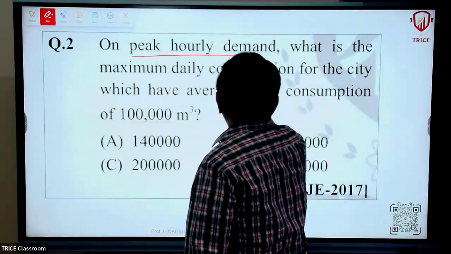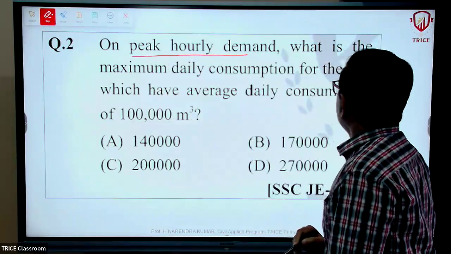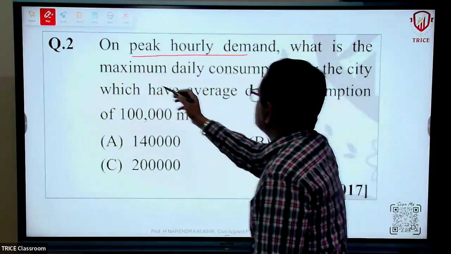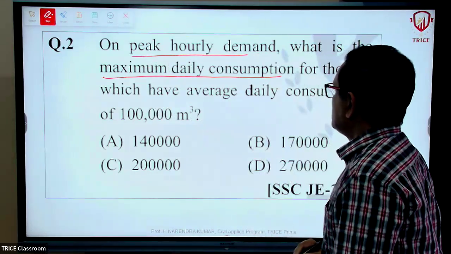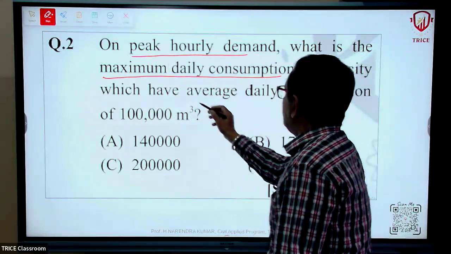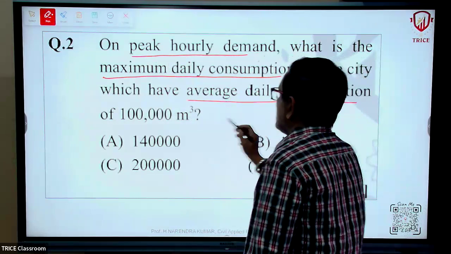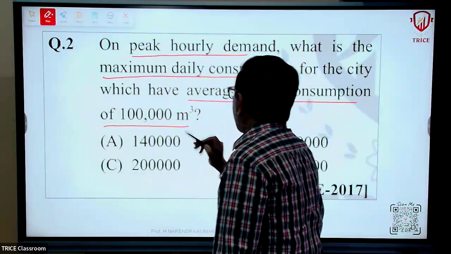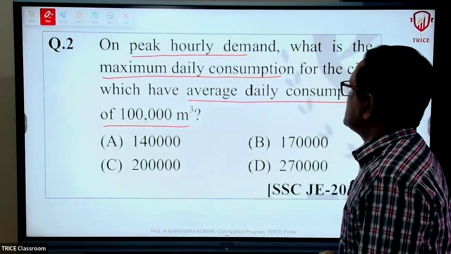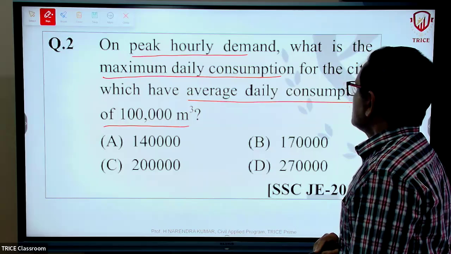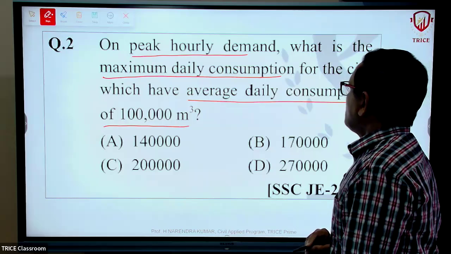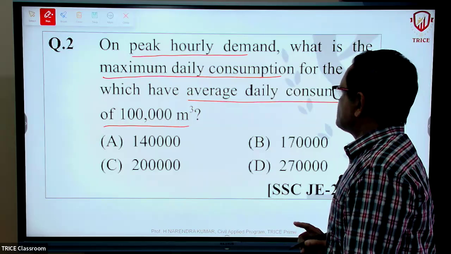So peak hourly demand, what is the maximum daily consumption for the city which has average daily consumption of 1 lakh meter cube? So we need to calculate peak hourly demand.